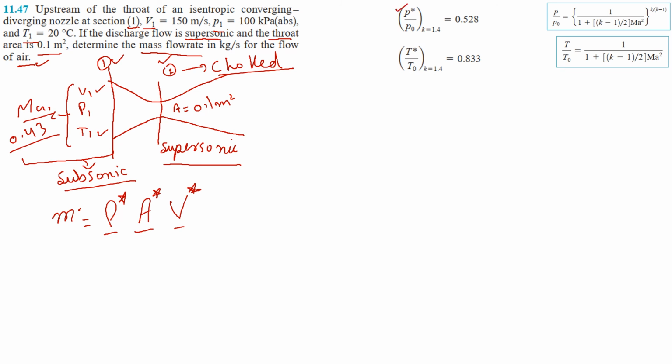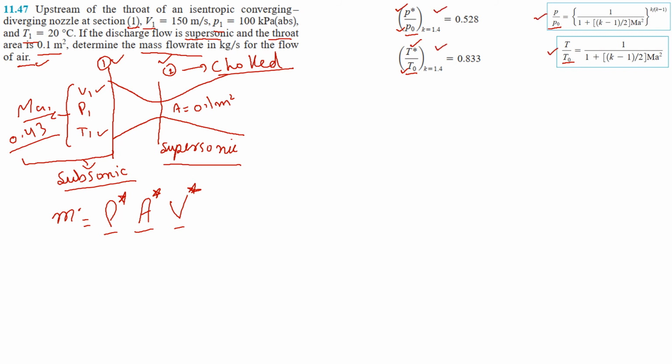pressure at the critical point, and that is the throat right here, over the stagnation pressure, and the critical temperature over the stagnation temperature. Please note one thing, that we are not given the stagnation properties of pressure and temperature, so we are going to find those first from these formulas and then put them right here.